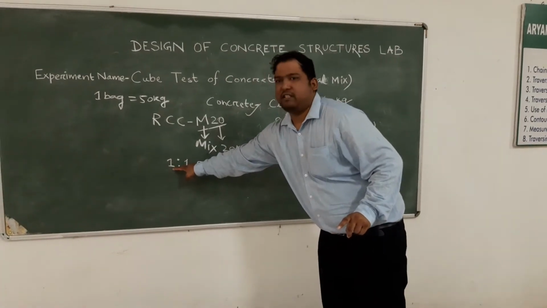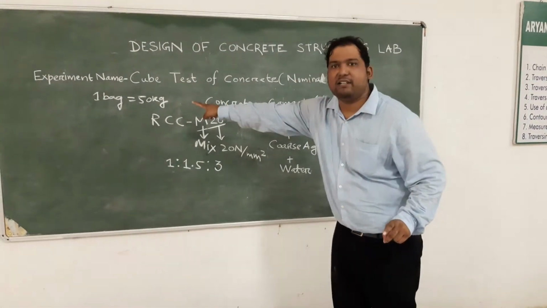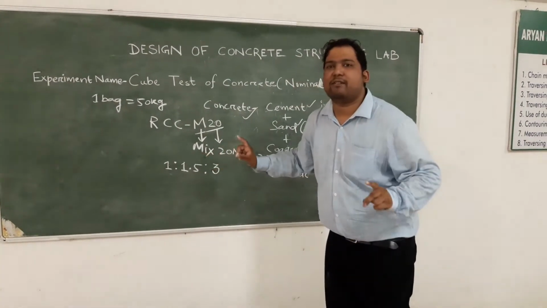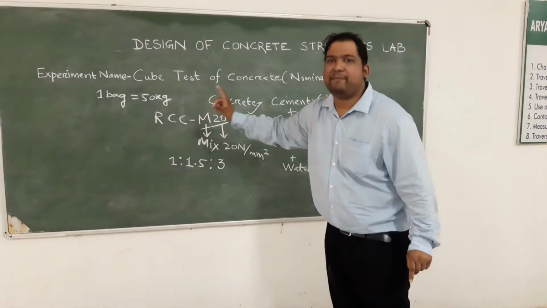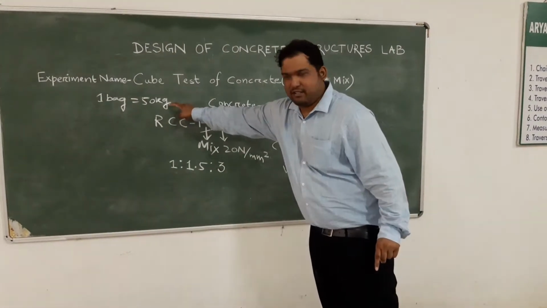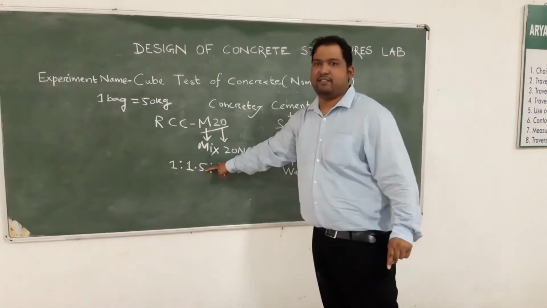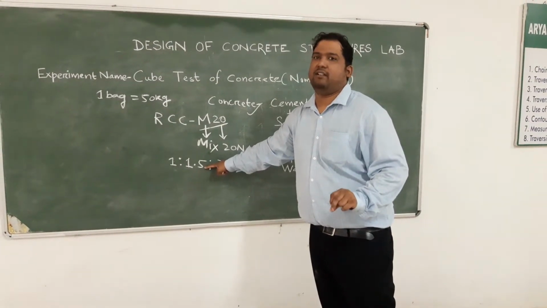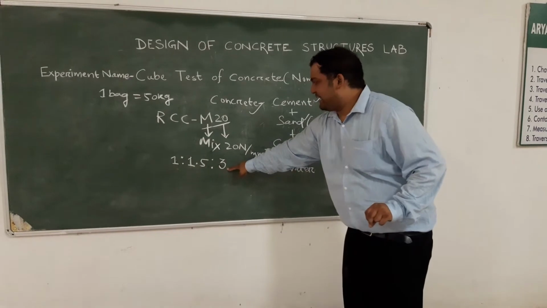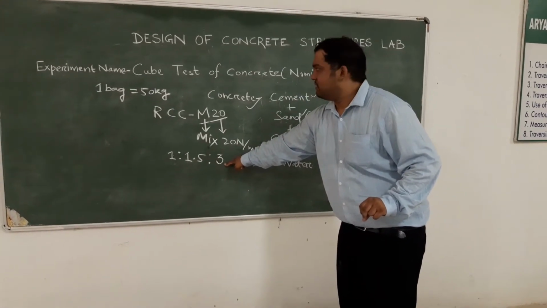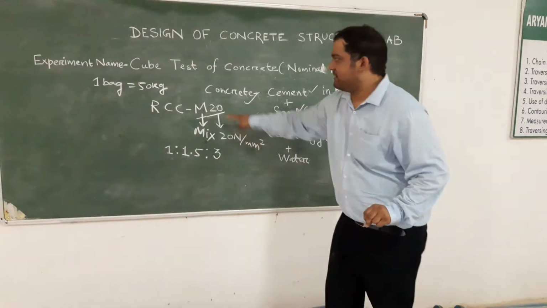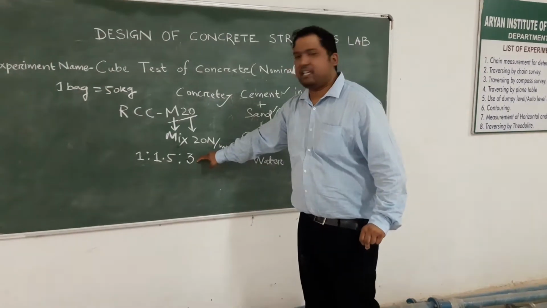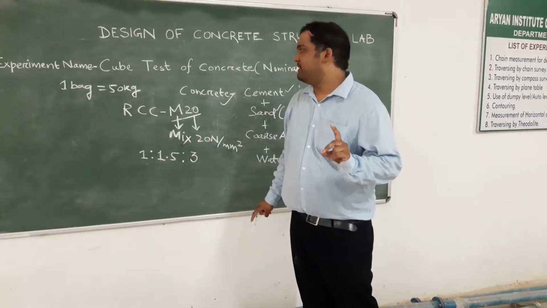So 1 is for cement, which is 50 kg if it is one bag. 1.5 is sand, so what will be its amount? Its amount will be 1.5 times of cement. 1.5 times of 50 kg is nothing but 75 kg. 50 into 1.5 is 75. And 3 times of cement, which is 50 kg: 50 kg into 3 is nothing but 150 kg.